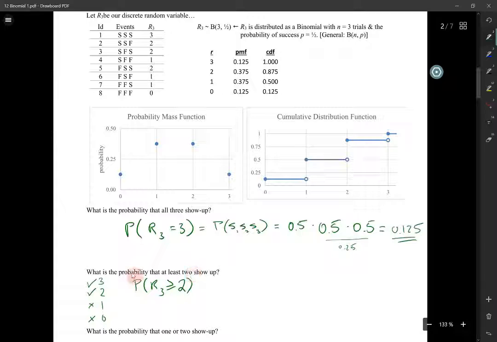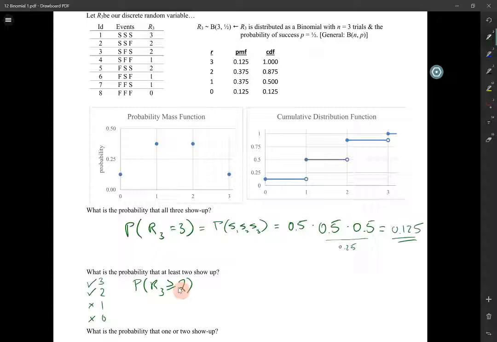We translate that into probability: if we count the number of successes, the number that happen, we want 2 or more. What's the probability that at least 2 show up?